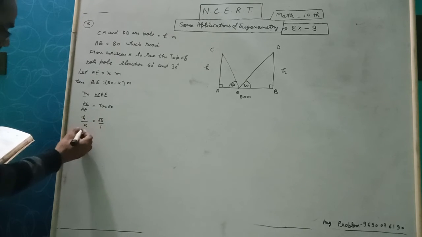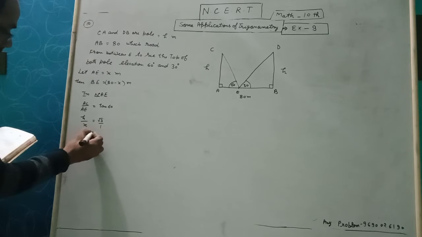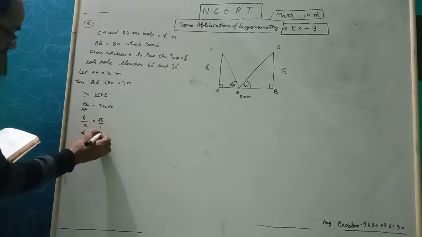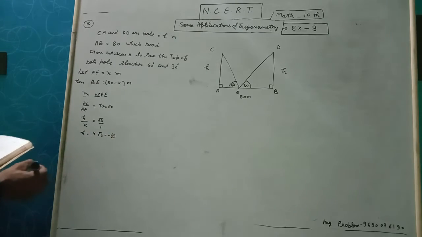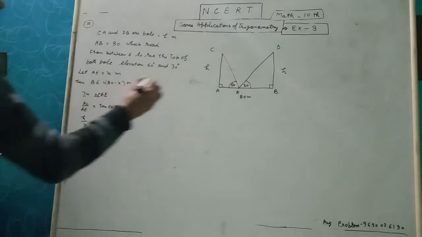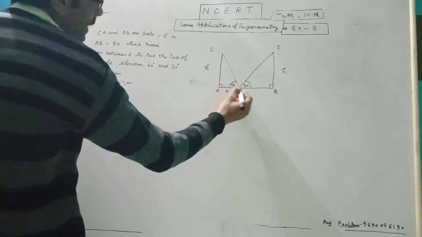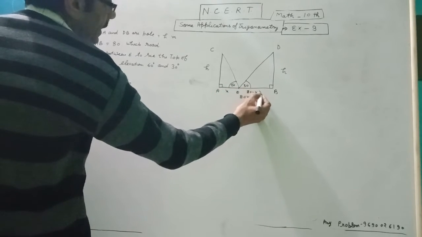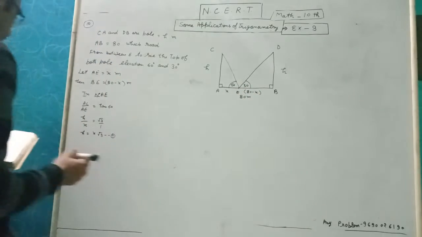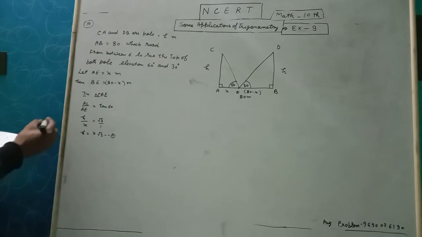After cross multiply, h is equal to x under root 3. Equation first. EB is 80 minus x.